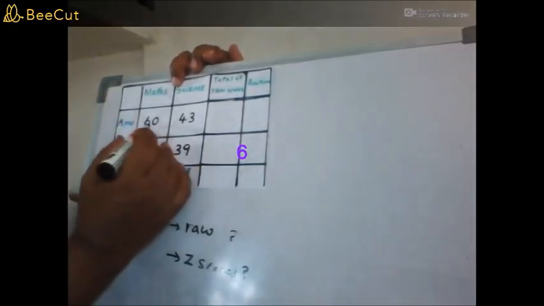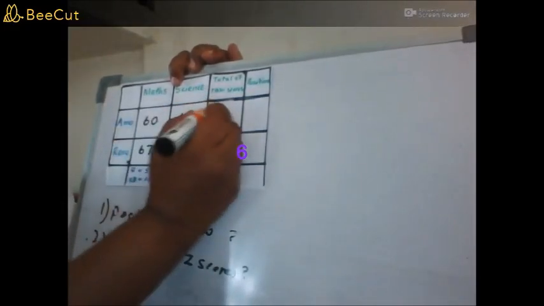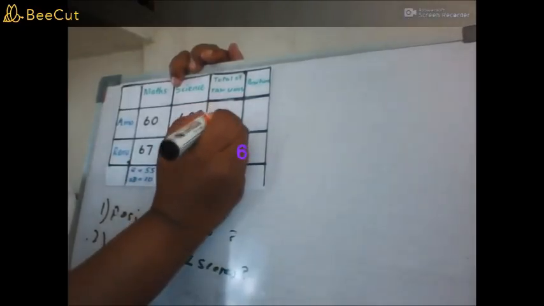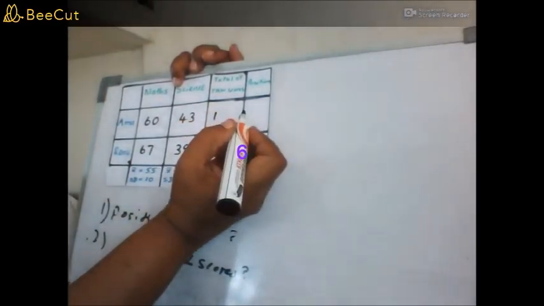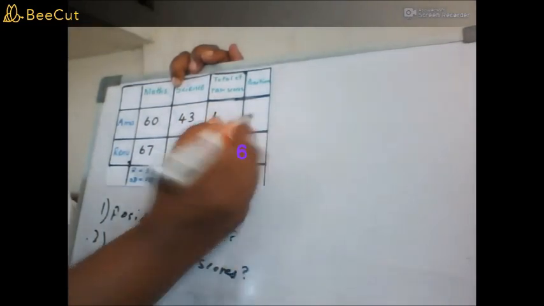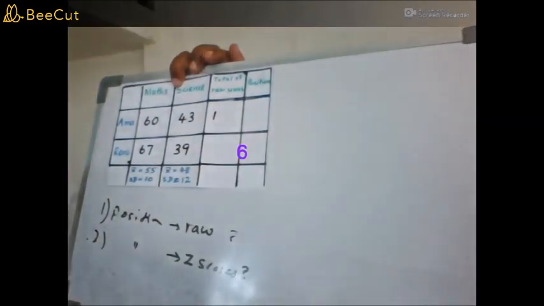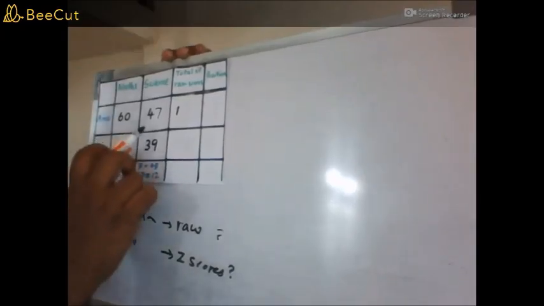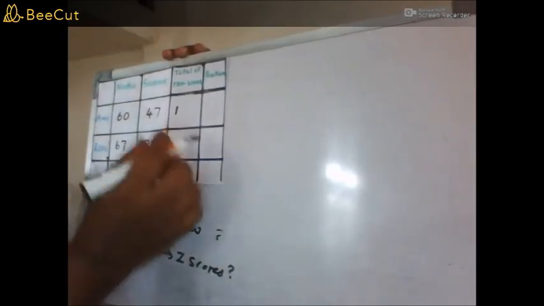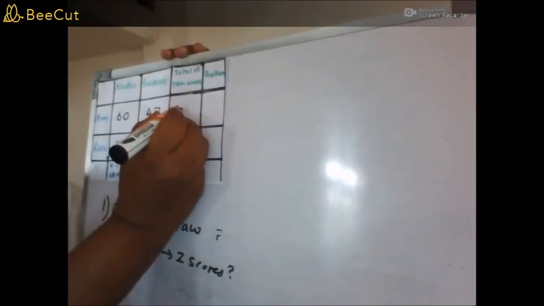Now what's the total here? 60 plus 43. It's 100 and, this is 47, right? So the total is 107.